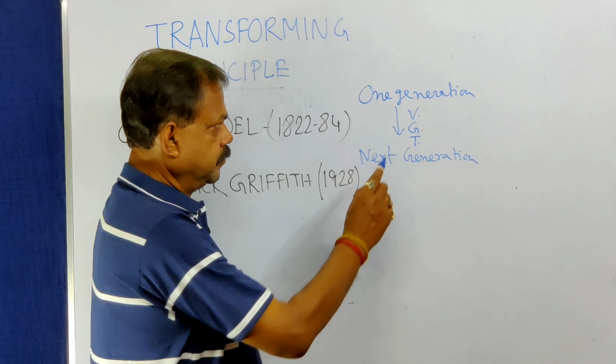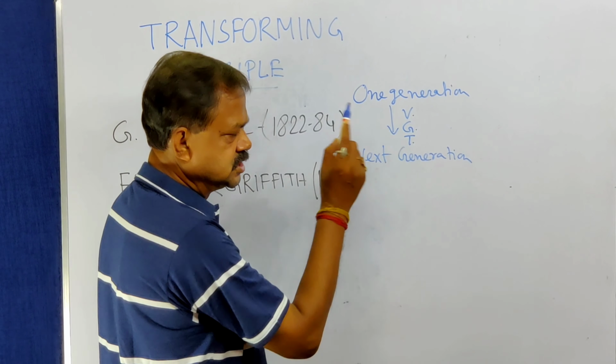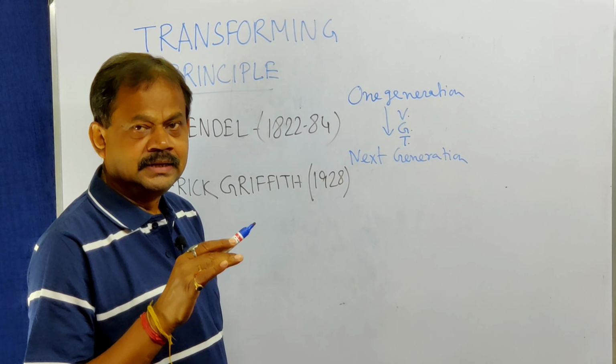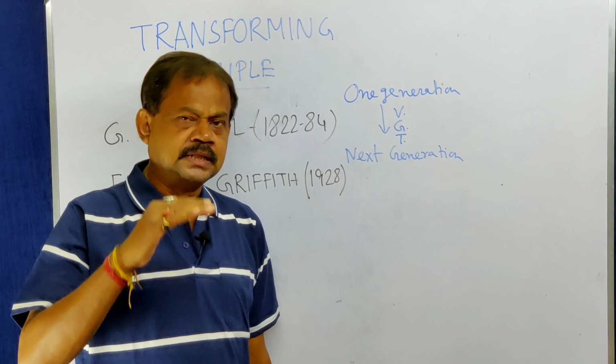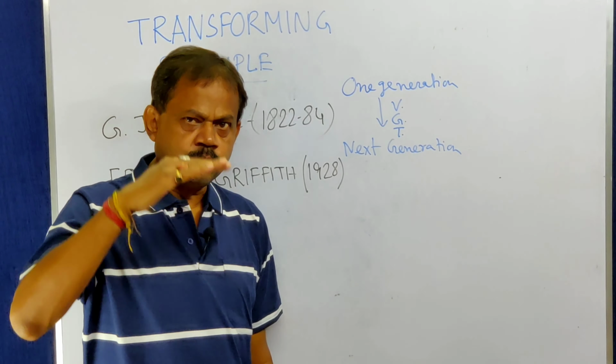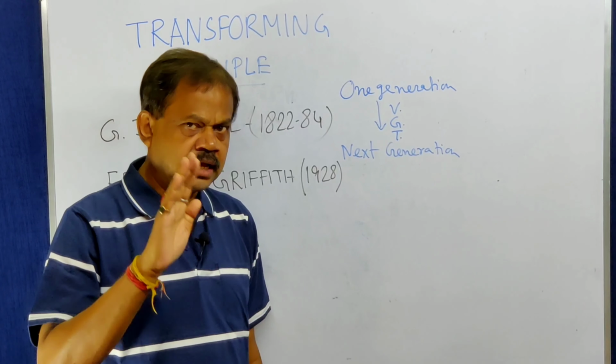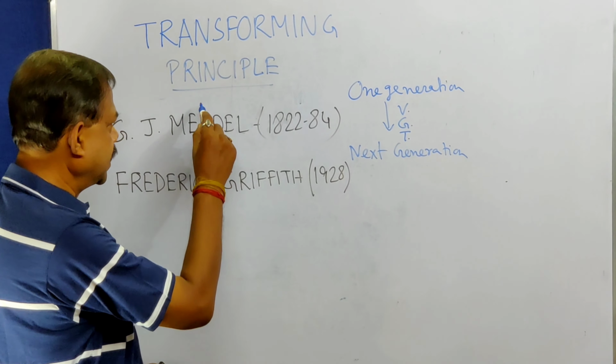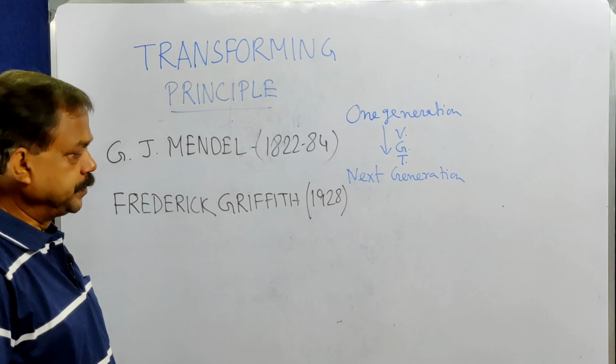That is called vertical gene transfer. That means the characters are going down from one generation to another generation. That was described by Gregor Johann Mendel.